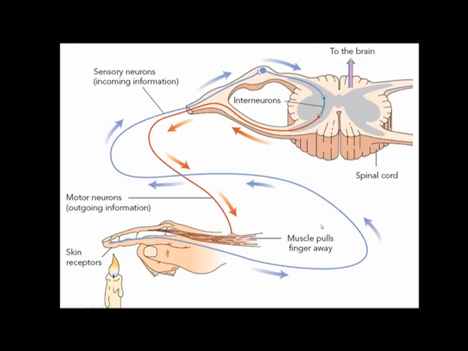And we can actually see a map showing our sensory incoming neurons doing something with an interneuron and then sending out a signal using our motor neurons here. And this is an illustration that's meant to show a reflex arc. So we'll come back and talk about the specifics of that a little bit later this chapter.